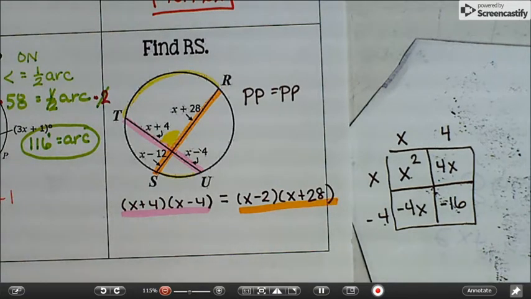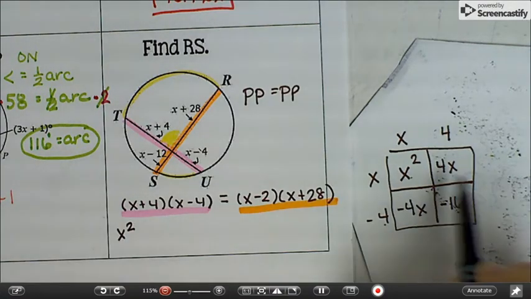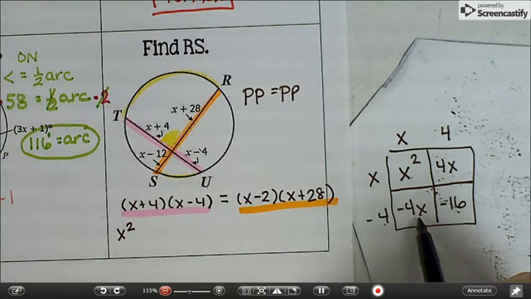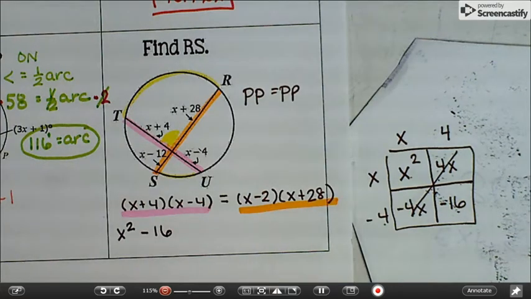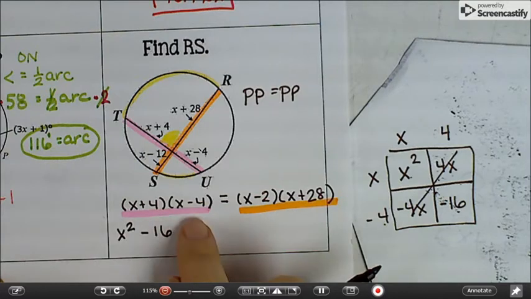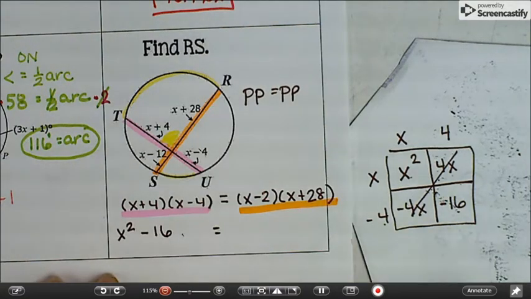And then as we pull it out, we combine like terms. So x squared has no friends, so x squared. 4x minus 4x, because like terms is nothing, so those cancel. So we have x squared minus 16. Now, depending on your algebra skills, you may have recognized this as a difference of 2 squares and just been able to hop right there.